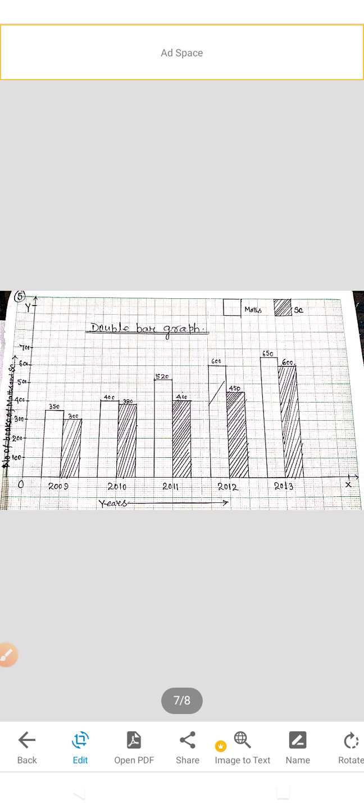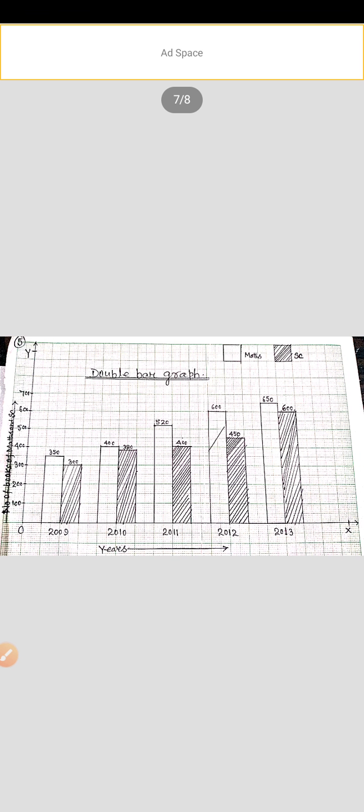So write this above. The blank rectangle represents math books, and the shaded rectangle represents science books. The height of the science books is 300. So draw the double bar graphs. Now give 1 centimeter space between two consecutive double bar graphs.